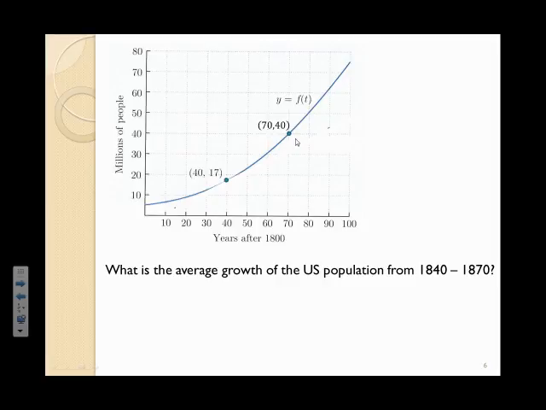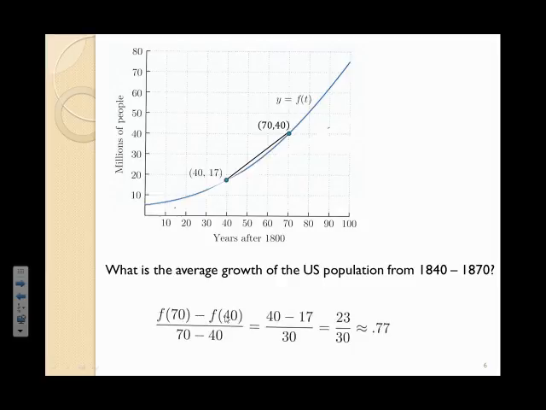So if we want to find the average growth, we draw the secant line through here, and to find that value, we simply use the slope function, or again, using calculus terms, the average growth formula. So it's f of 70 minus f of 40, over 70 minus 40.